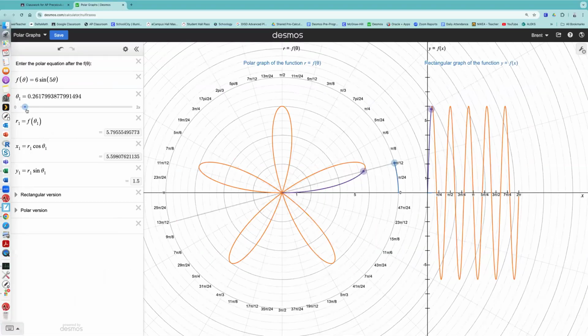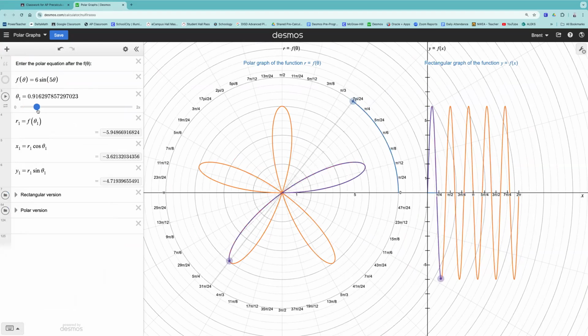So that was 1 pi over 10. When I come to this first minimum, it's in between 7 pi over 24 and pi over 3, which is 3 pi over 10. That's where that occurs. That's when we get our first minimum.